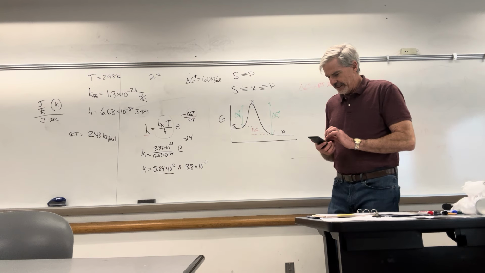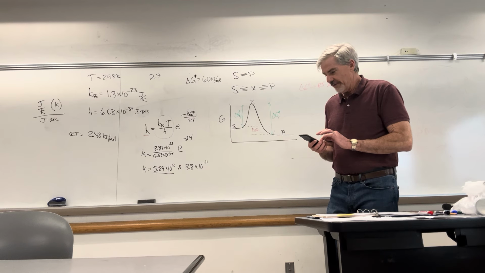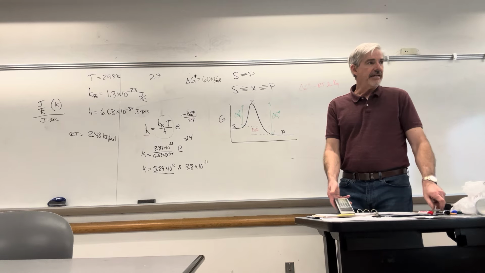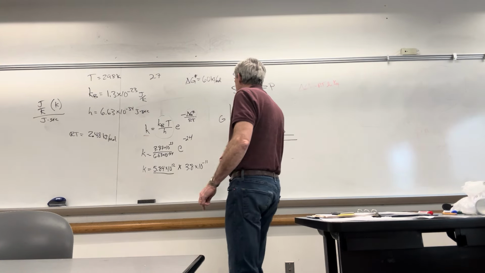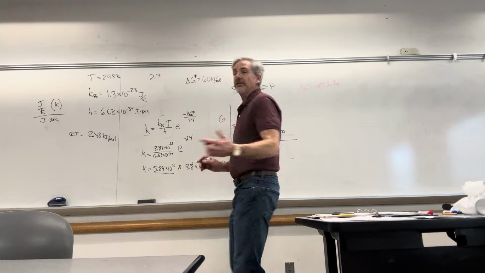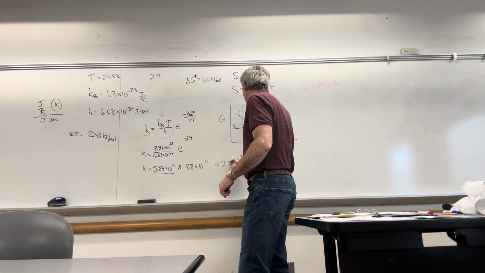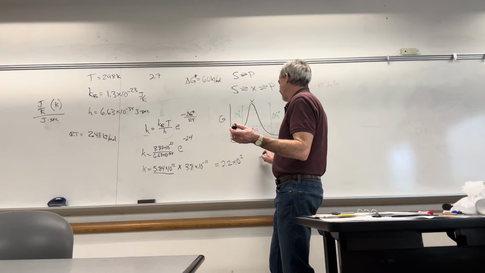4 times 10 to the 12th. Finally, I come up with 2.2 times 10 to the second, or something close to that. And 10 to the second, that would end up being 220.